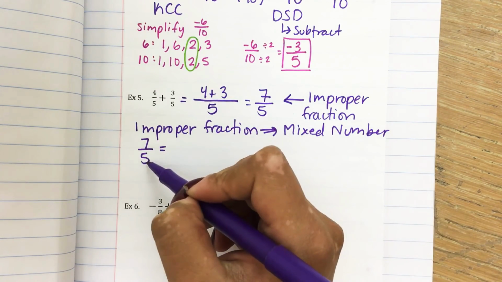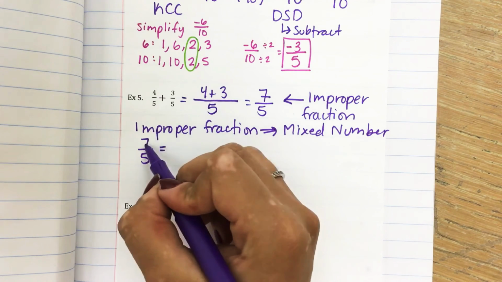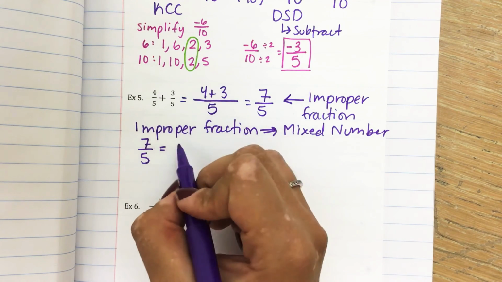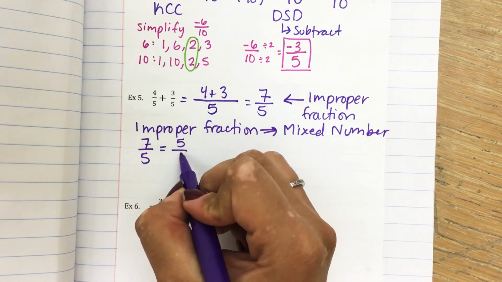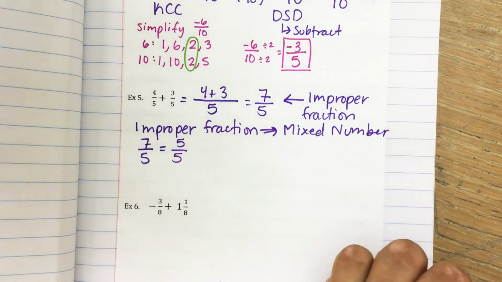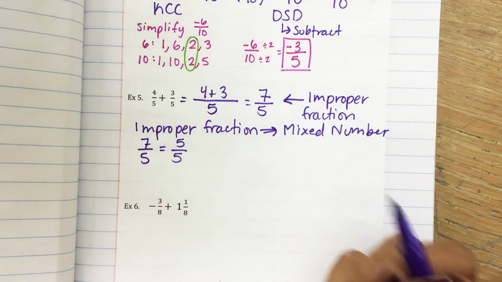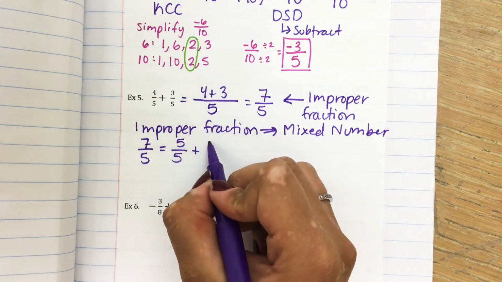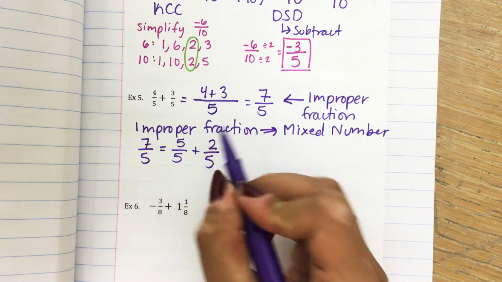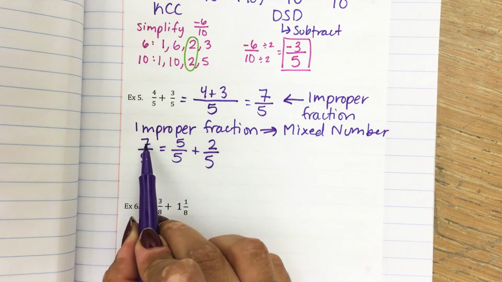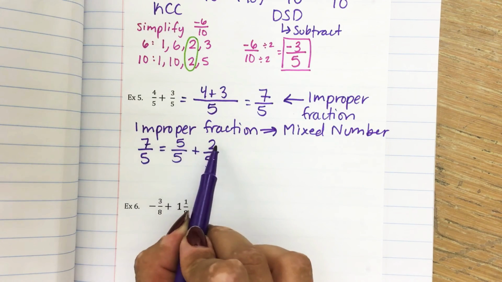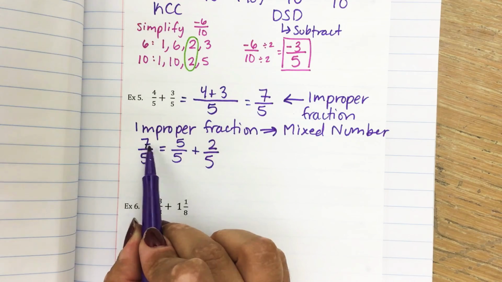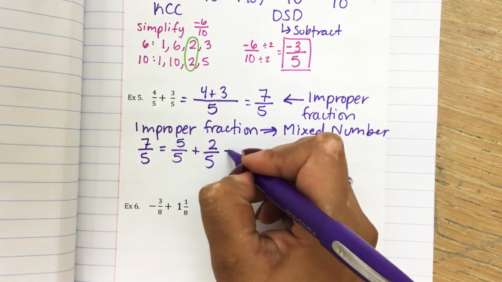I know that 5 will go into 7 once, so we do 5 over 5. What we have as a remainder would be 2 over 5. So 5 plus 2 gives us 7. These two numbers should add up to your numerator whenever you're splitting it up.